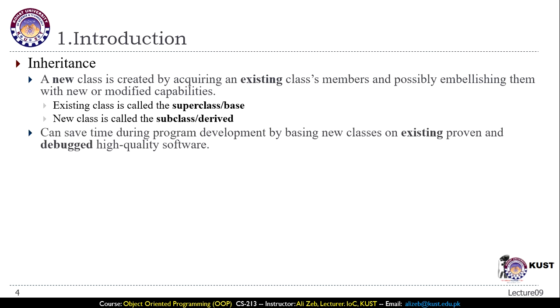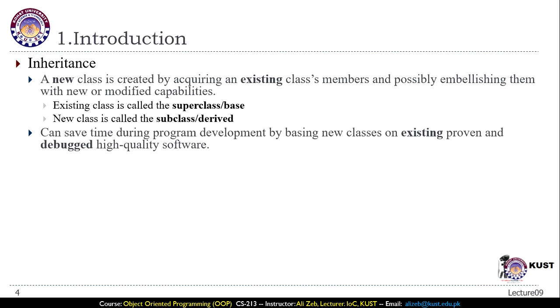A parent-child relationship is created between the two classes, where the superclass can be called the parent class and the subclass the child class. Through inheritance, the subclass inherits the data members and the methods of the superclass.